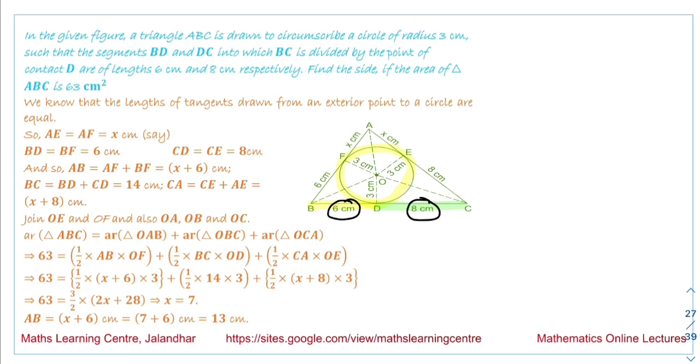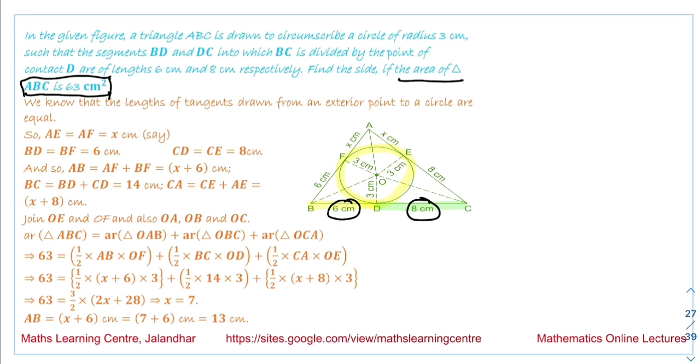We have to find the sides of the triangle ABC, and it is given that the area of this triangle ABC is 63 centimeter square.